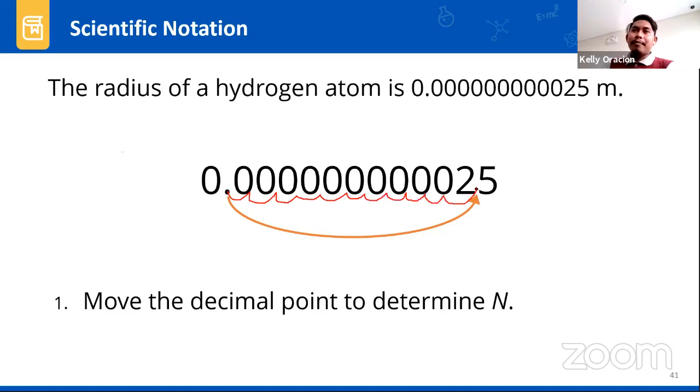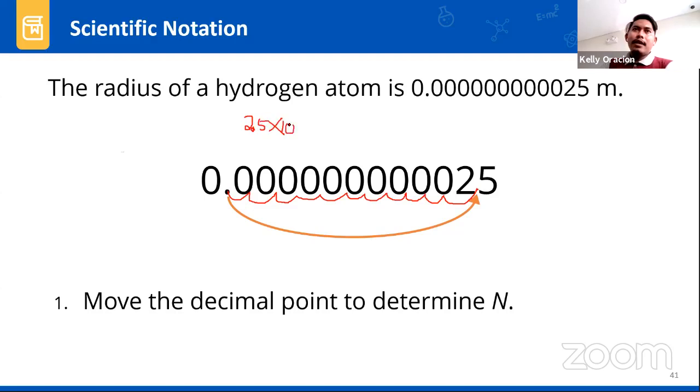Stop here, because if you extend it further, it becomes 25, which is wrong. In standard form, the value of your n should be from 1 to 10. So we stop here to get 2.5.